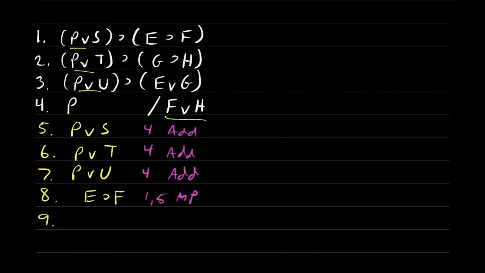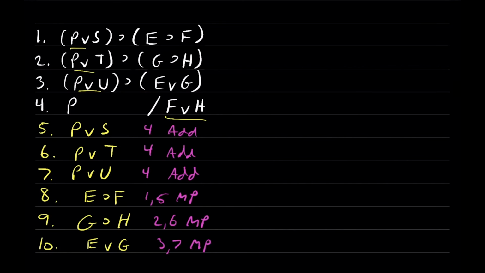From line 2 and line 6, we're going to get the consequent of the conditional in line 2, G implies H. So 2 and 6 by modus ponens. Always happy when you see a modus ponens step. And from line 3 and 7, we're going to get the consequent of the conditional in line 3, E or G. From line 3 and 7 by modus ponens.